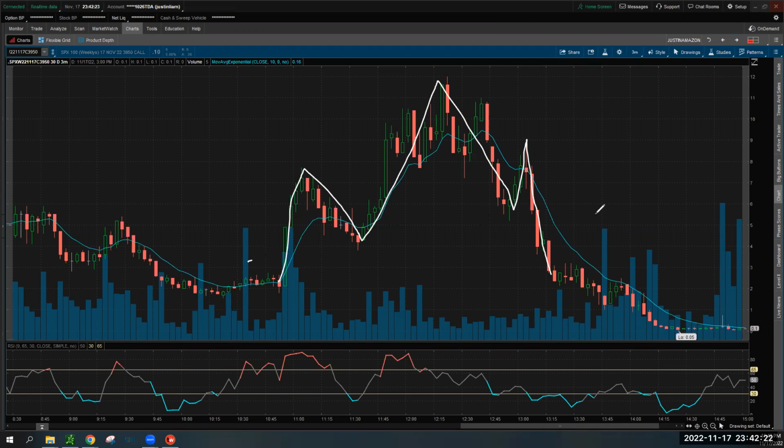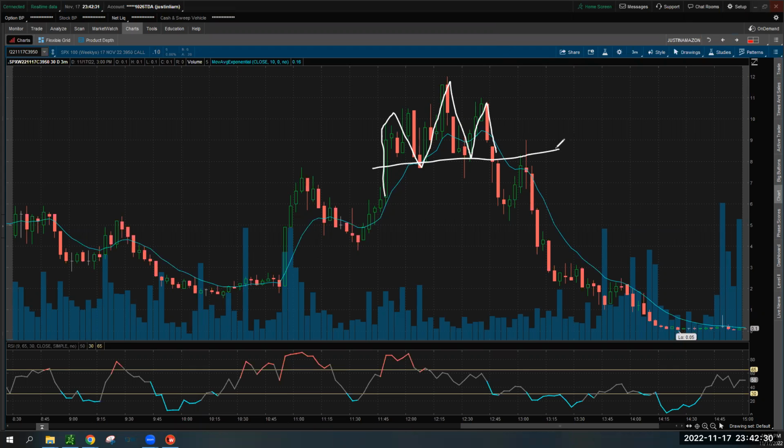It's playing out like a much larger head and shoulders, but you can still see this playing out, and then here's the neckline, and here's the retest here. And then obviously with the 39.50 call, you don't get the bigger rally into the close because the market makers aren't going to give that value back. It's not going to restore that value into the option.